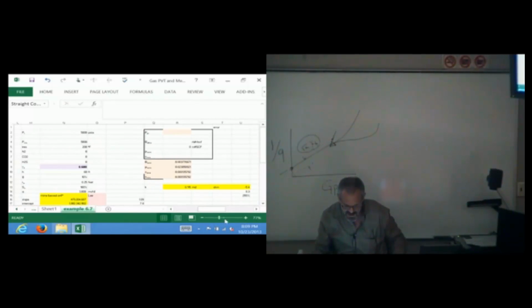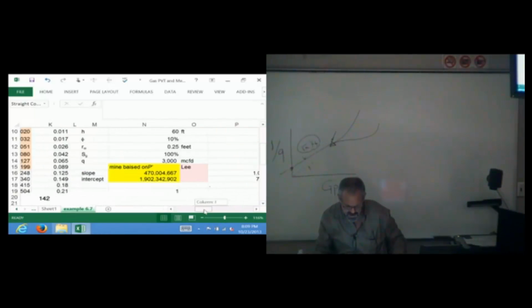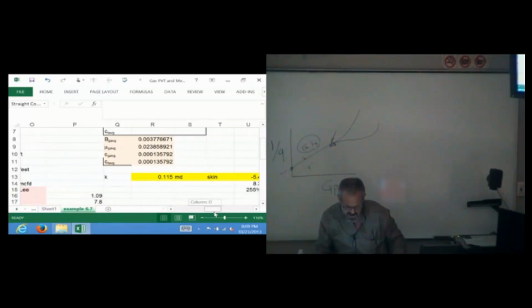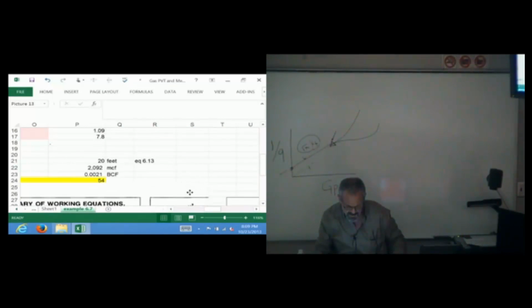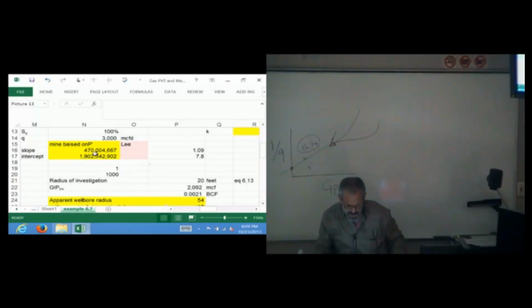I already have an equation that does slope, wherever it is. Probably covered it up. Here it is, slope and intercept.